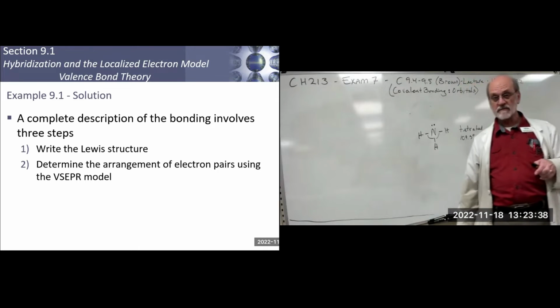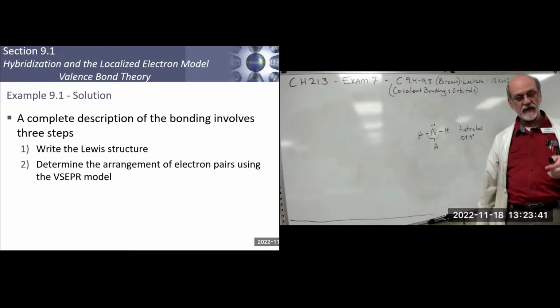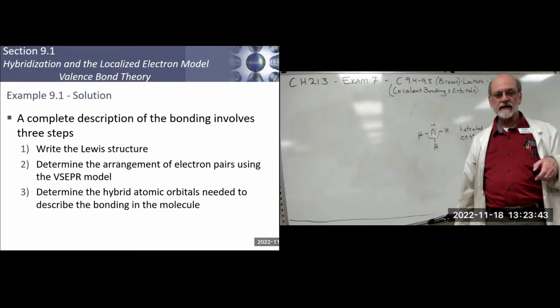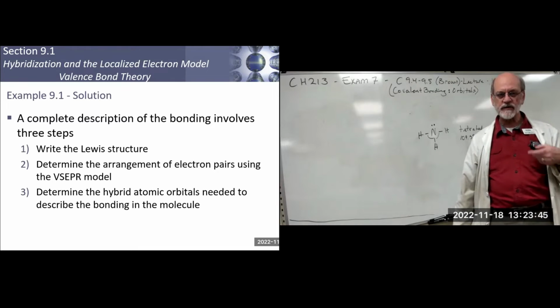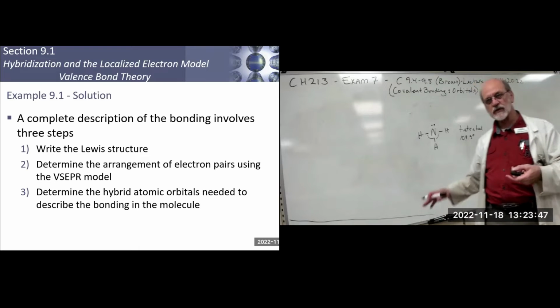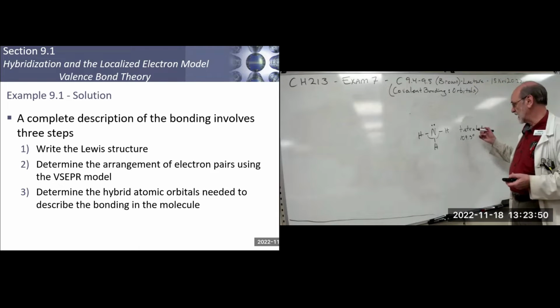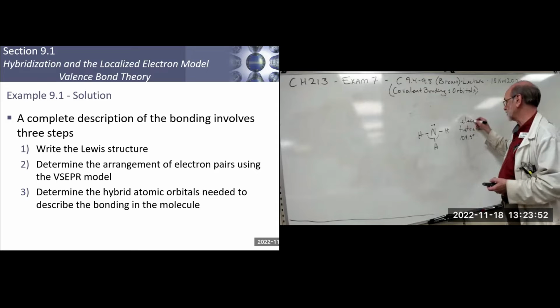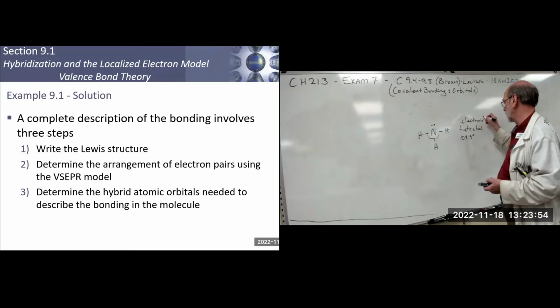Determine the arrangement of the electron pairs using the VSEPR model, and then determine the hybrid atomic orbitals that are needed to produce that geometry. And this is the electronic geometry.